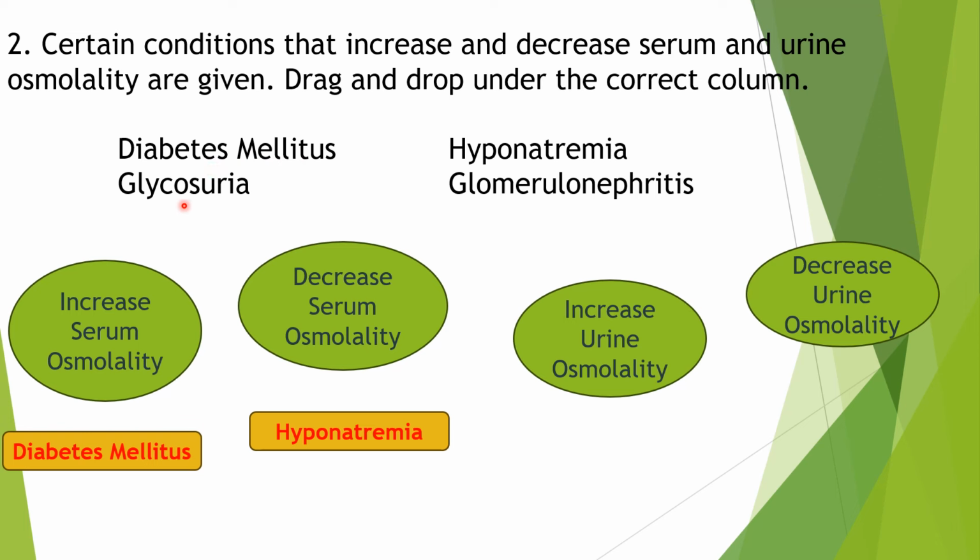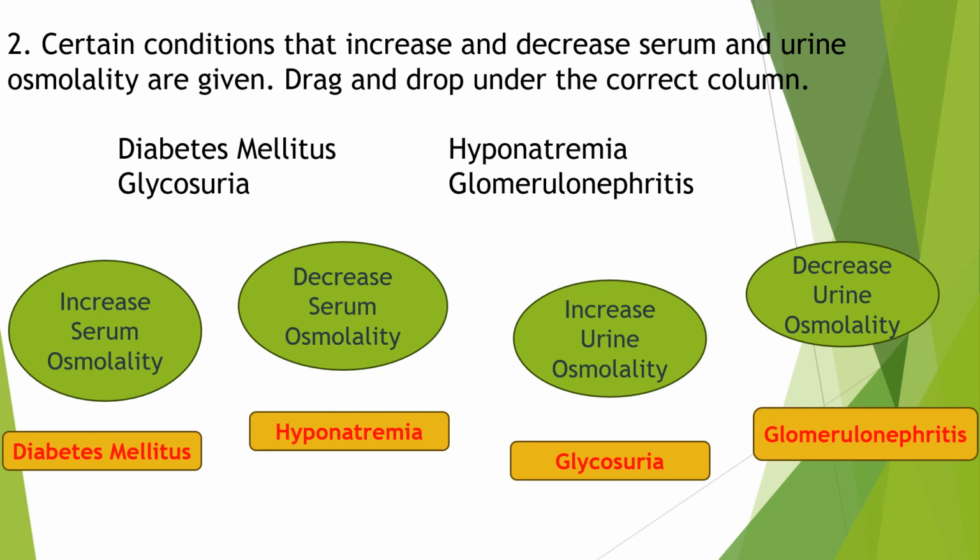So third one, glycosuria, if you are seeing, in urine glucose is more. So this is related to increased urine osmolality. Fourth one, glomerulonephritis. In glomerulonephritis, most of the waste materials cannot be removed through the urine, so that results in decreased urine osmolality. I would like to add two more points.